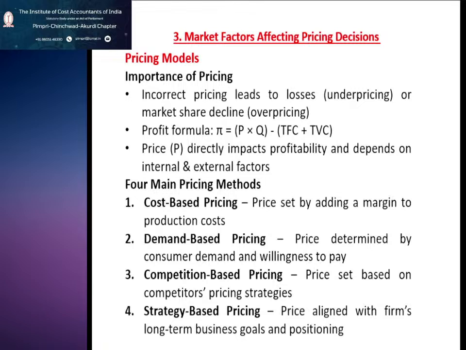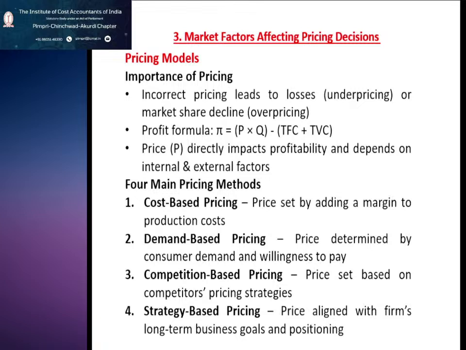First is cost-based pricing, wherein the price is set by adding a margin to production cost. The second is demand-based pricing, wherein price is determined by consumer demand and willingness to pay.